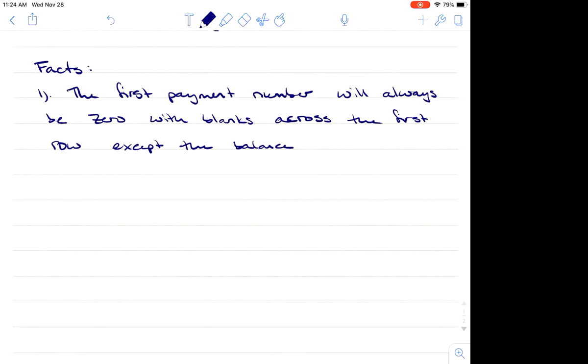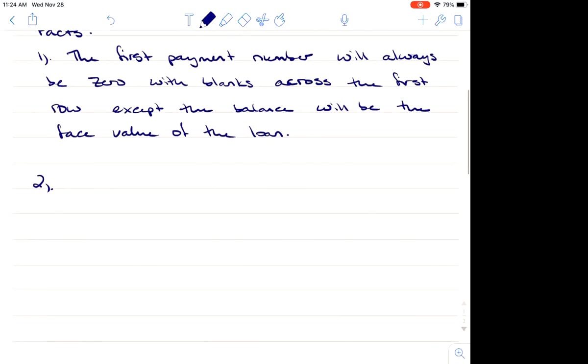How much did you originally borrow? So the balance will be the face value of the loan. Fair enough. We need to know how much we started with in order to start chipping away at it.